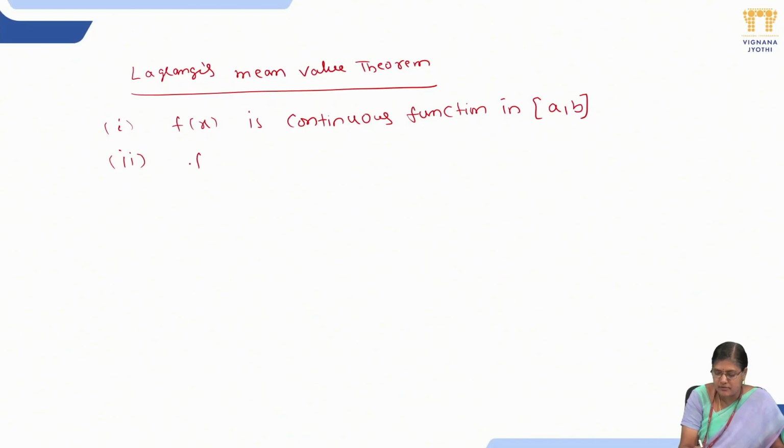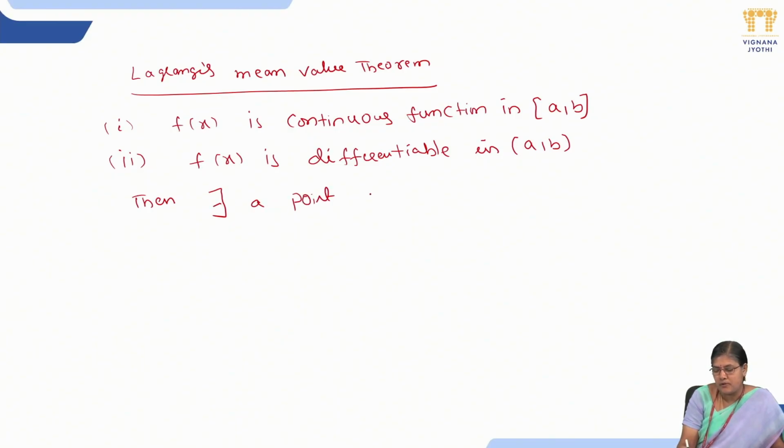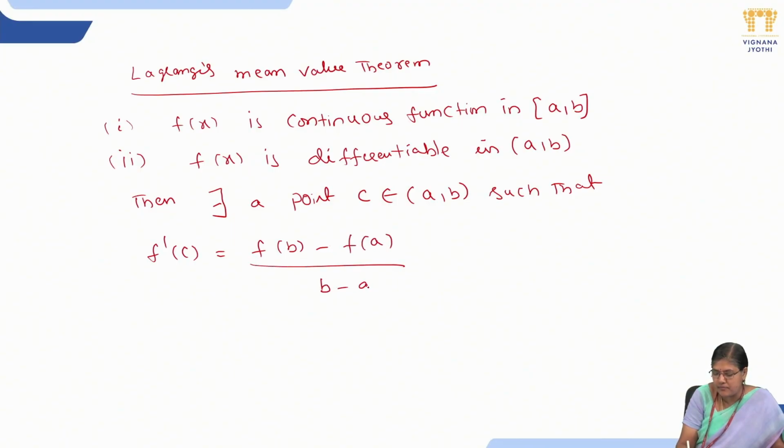Second point is f of x is differentiable in open interval of a comma b, then there exists a point c belongs to open interval of a comma b such that f dash c is equal to f of b minus f of a by b minus a. This is the statement of Lagrange's mean value theorem.